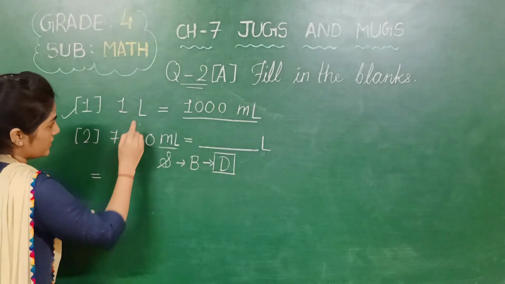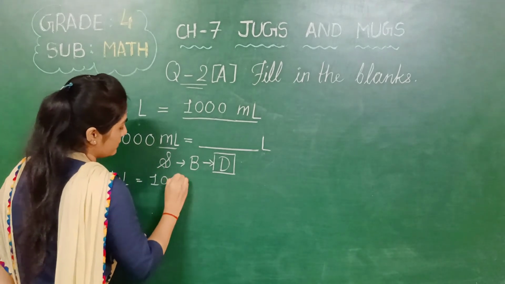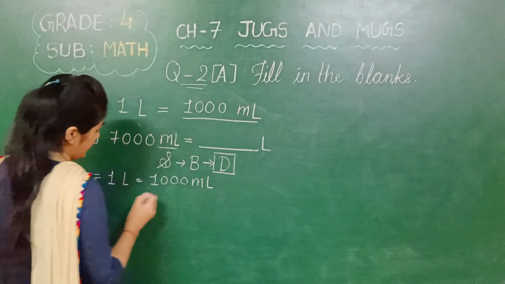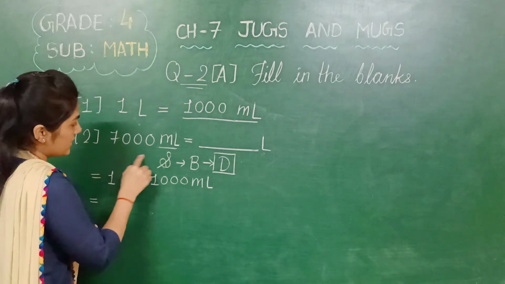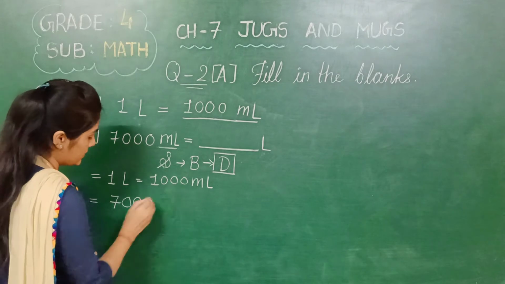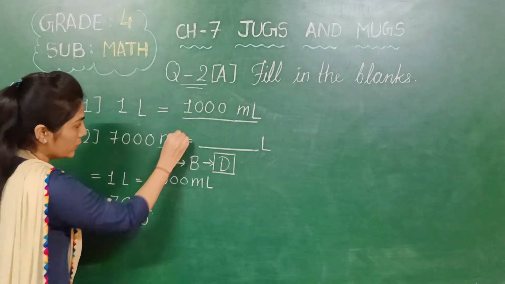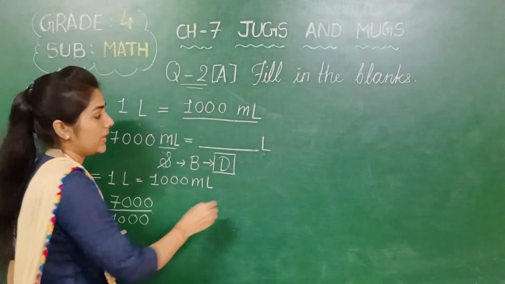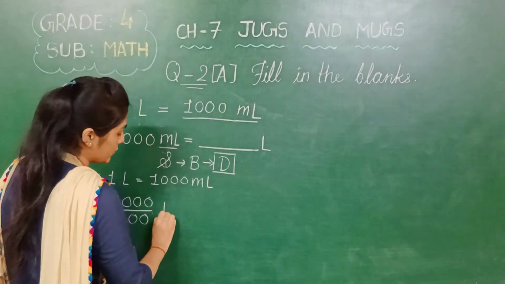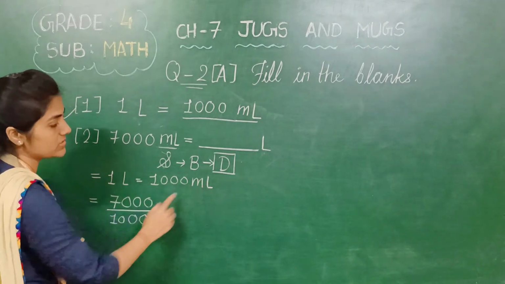So first we will write the formula. 1 liter is equal to 1000 milliliter, and we divide this 7000 by this 1000, and at that time we remove the milliliter unit and keep the liter unit at the back, because we have done the division step.